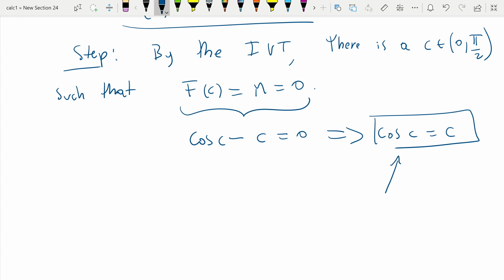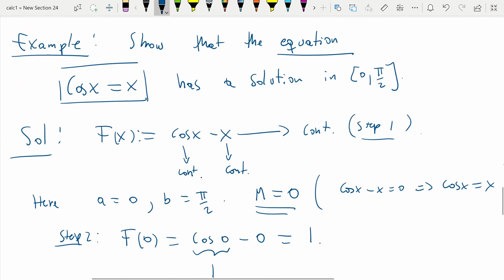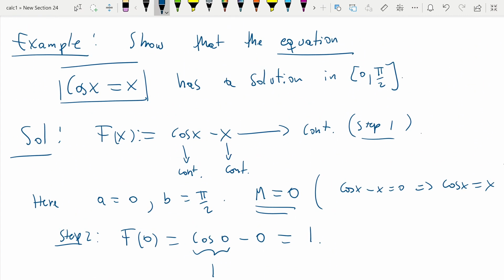So this implies that c is a solution to the equation. And this is what we were asked to show. That this equation here, cosine of x equals x, has a solution in between 0 and pi over 2.